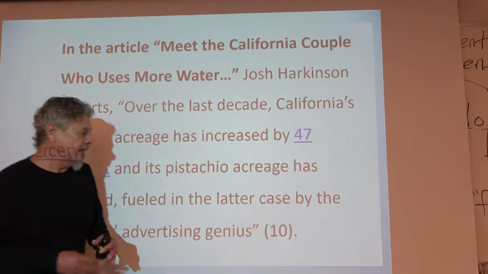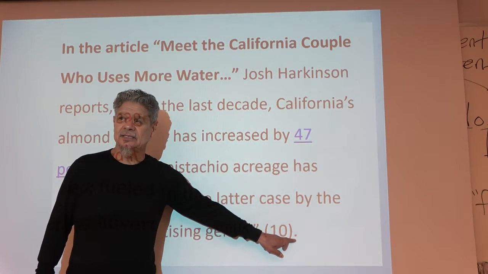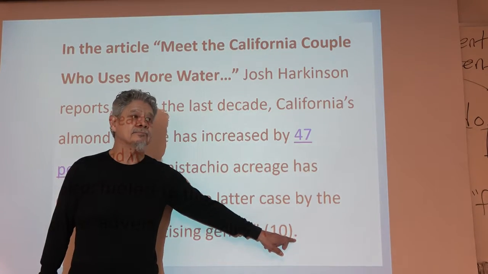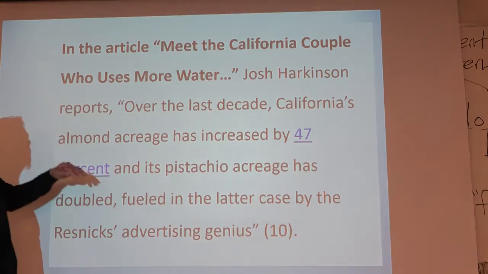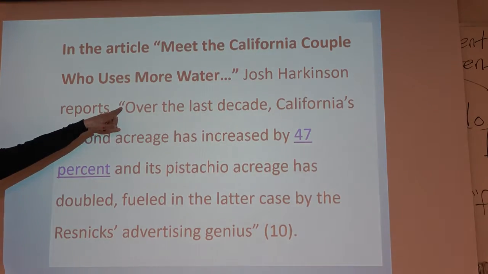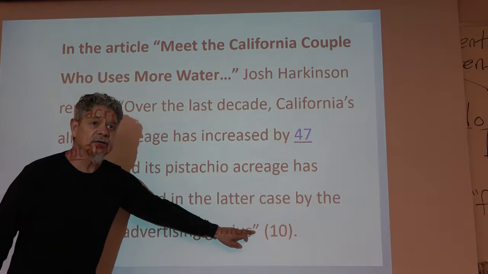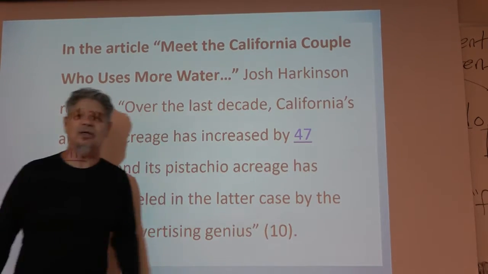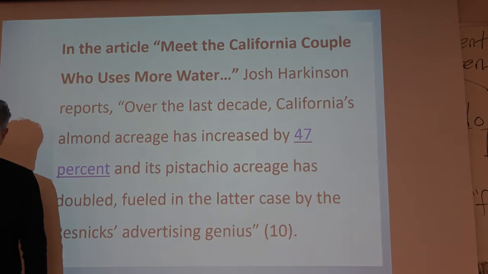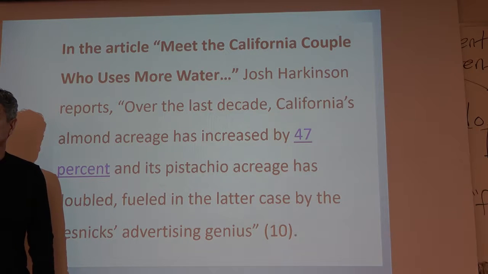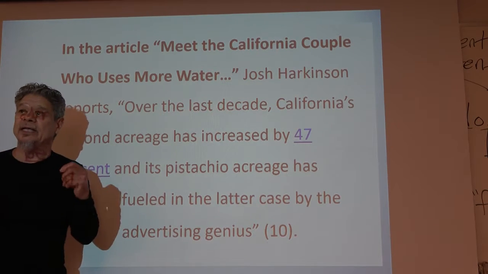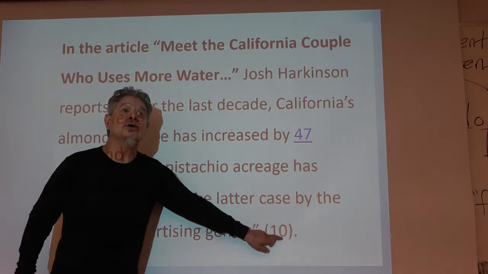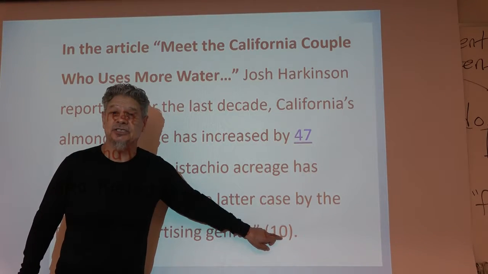Okay? And you notice where the period is? Can you see it? So here's the quotation. Begins with the quotation mark and it ends here. And then the number 10 in parentheses and then the period. That's how I want you to do it. Okay? So we're beginning the use of parenthetical citations.